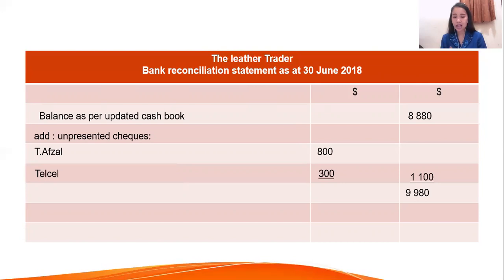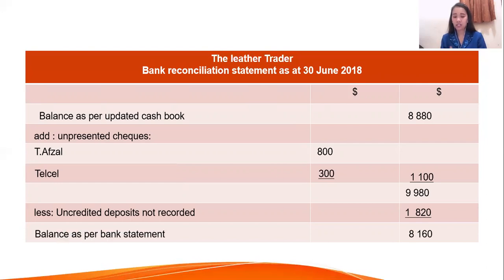The total is 9,880. Less uncredited deposit not recorded, 1,820. So the balance as per bank statement is 8,160. Now the balance is already the same. So that means our bank reconciliation is already agreed. Okay.